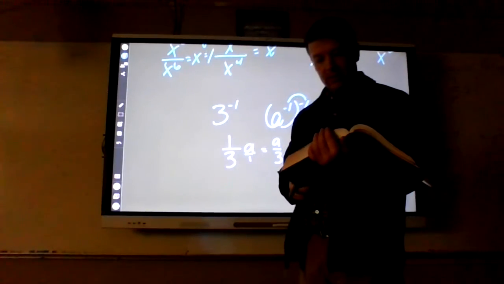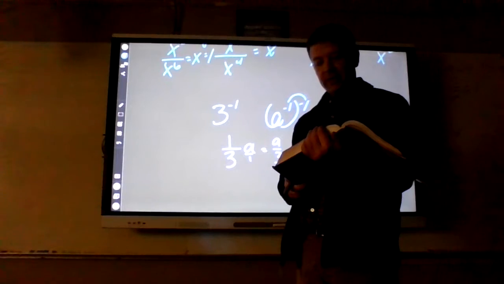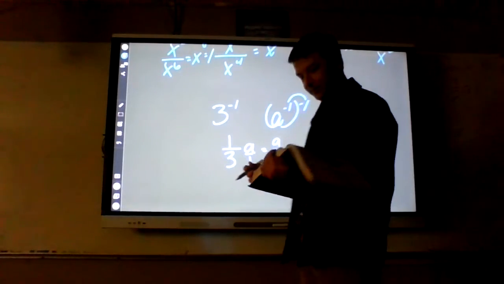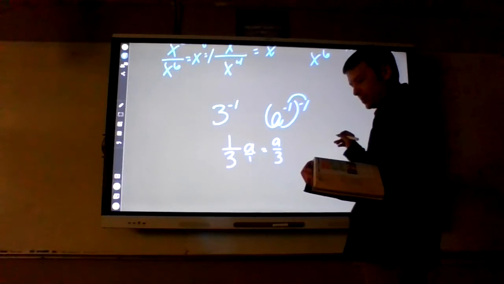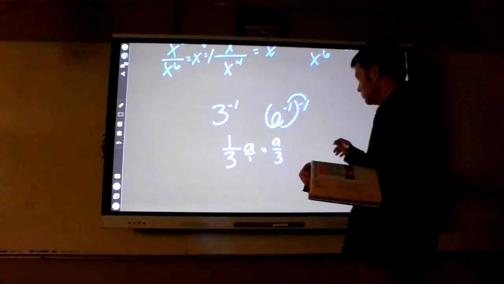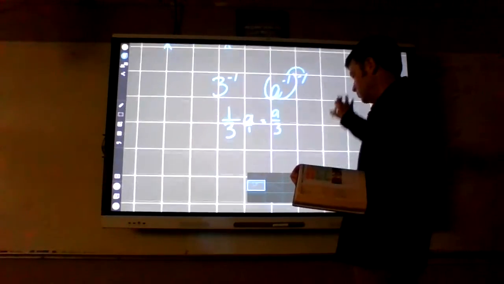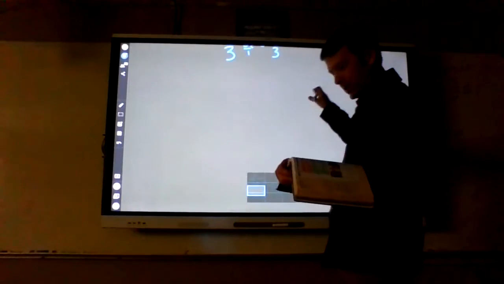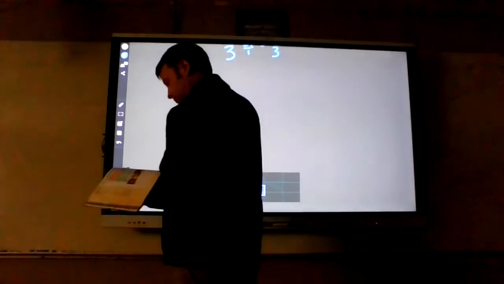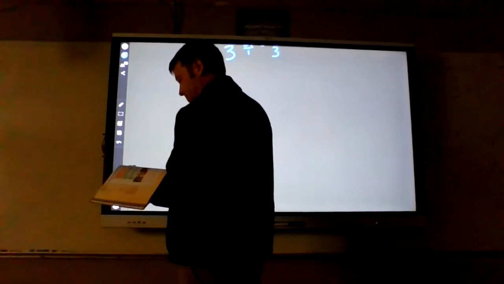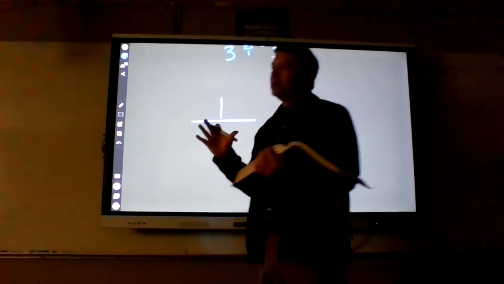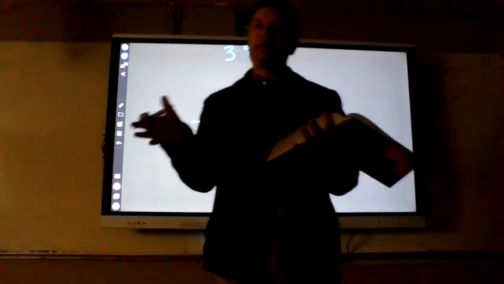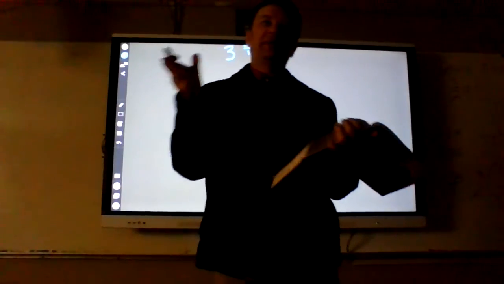7b. This is a mess. Okay, well, everything in parentheses is to the negative 1, right? So when there's a plus or minus in there, you can't just do each thing to the negative 1.